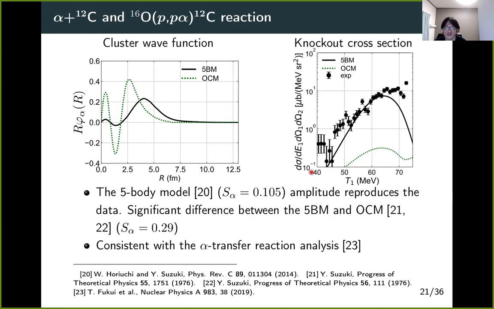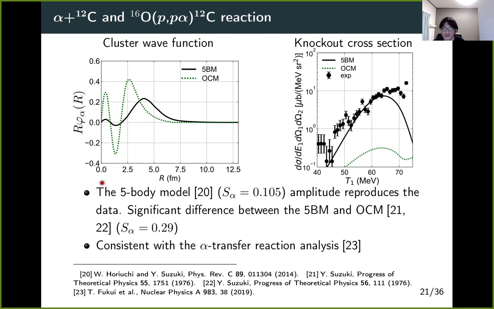Okay, now I'd like to move on to the oxygen-16 (p,pα) carbon-12 case. Although oxygen-16 is a doubly magic nucleus, there is some amount of alpha plus carbon-12 component, which was calculated by Wataru Horiuchi within the 5-body model.